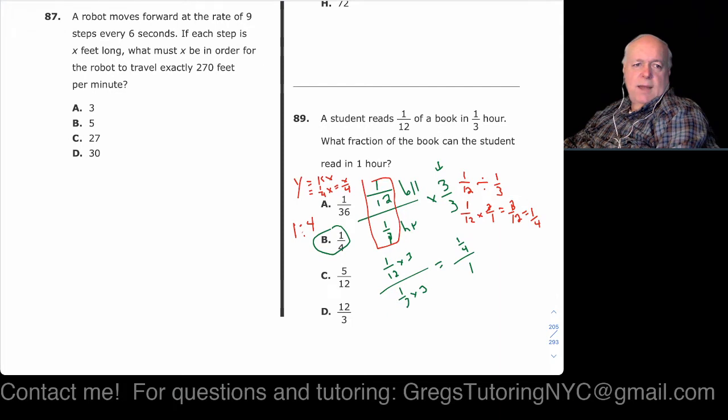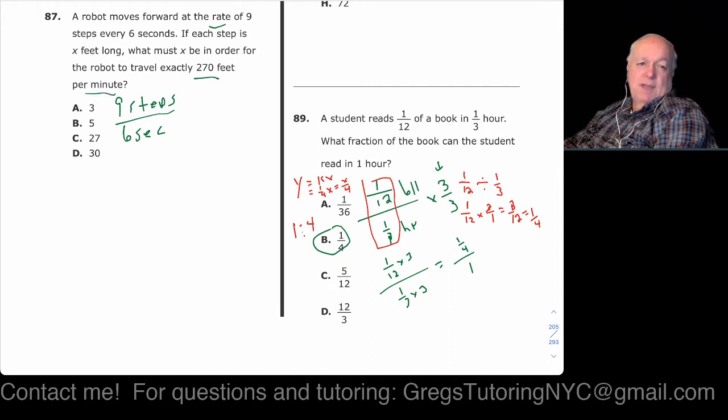A robot moves forward at the rate of 9 steps, and I like to write these things down, every 6 seconds. Okay, so it's 9 steps per 6 seconds. If each step is x feet long, what must x be in order for the robot to travel exactly 270 feet per minute?